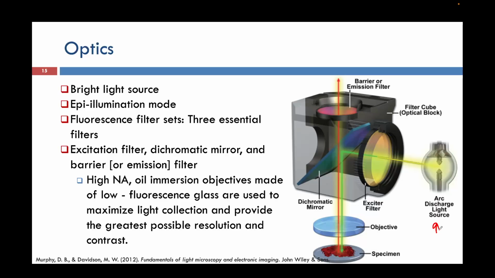Different light sources are used: metal halides and xenon lamps sometimes, and one more source is also used for fluorescence microscopy. It is used in epi illumination mode. Remember, we have come across this term.